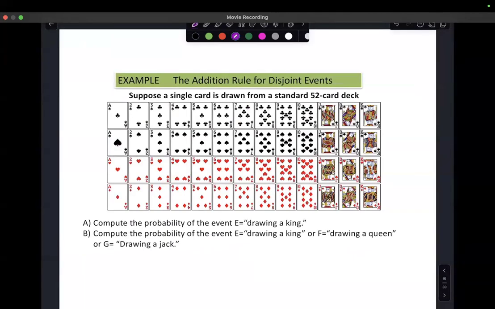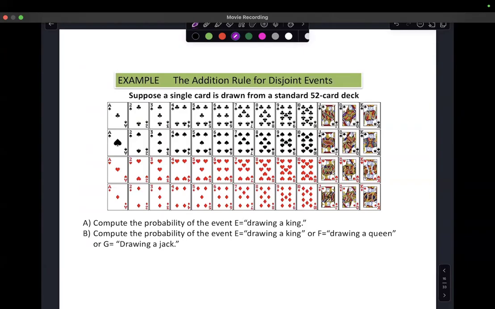So this one is, these are mutually exclusive. So we want to know the probability of just drawing a king. And then the probability, you do not need to simplify your fractions, of drawing a king or a queen or a jack. So go ahead and start working ahead of me.